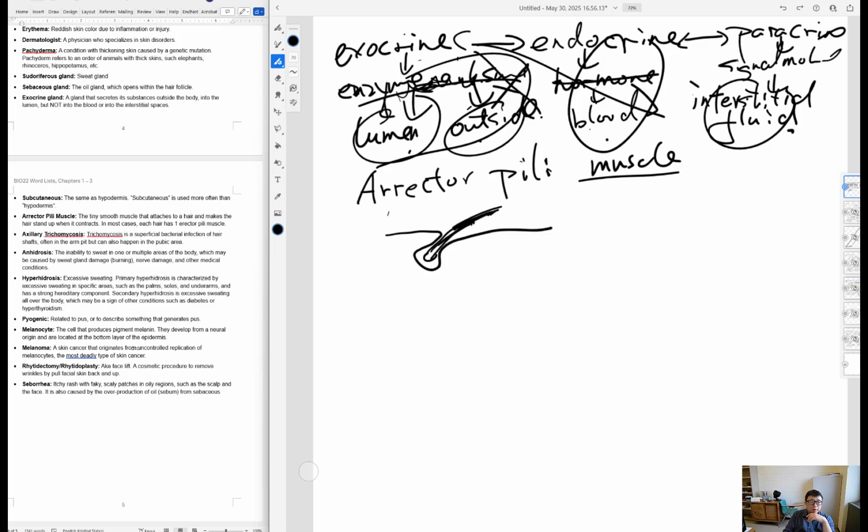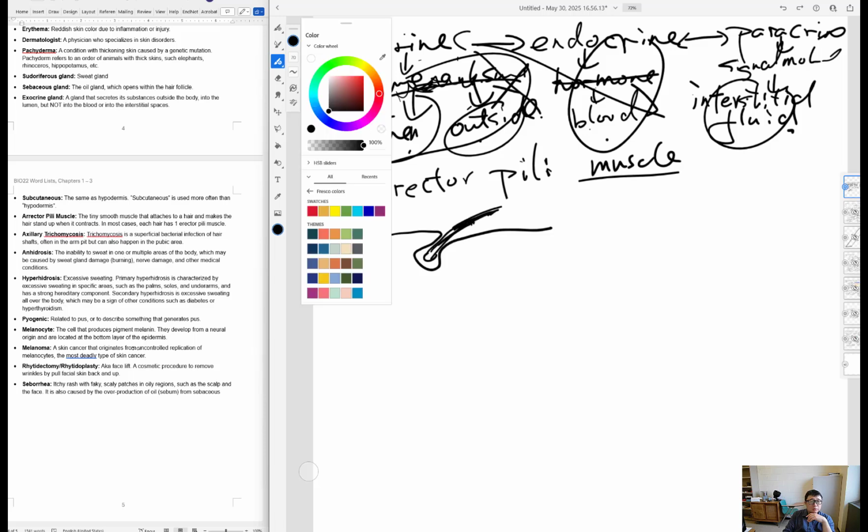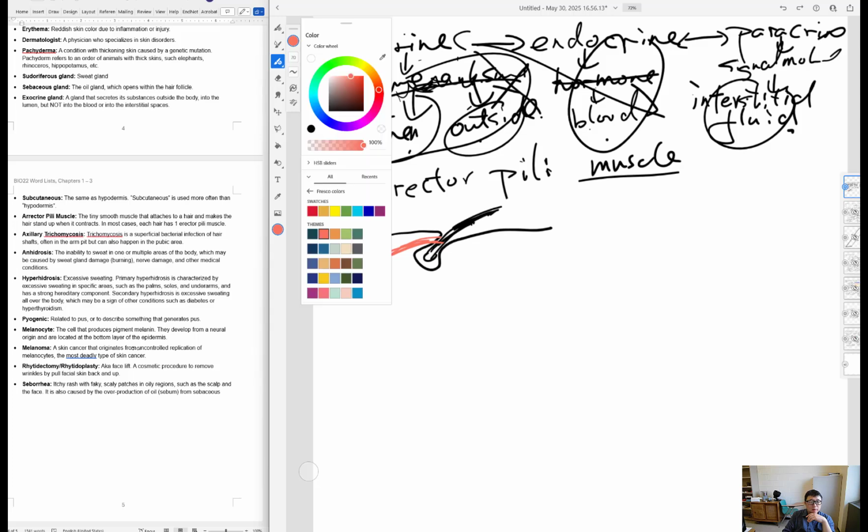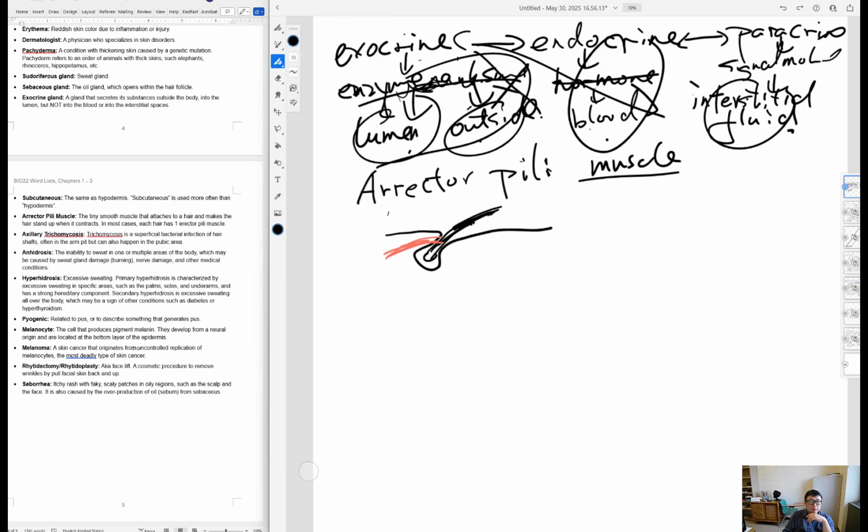And then you have this muscle contract, or this muscle contract, and the hair will stand up.